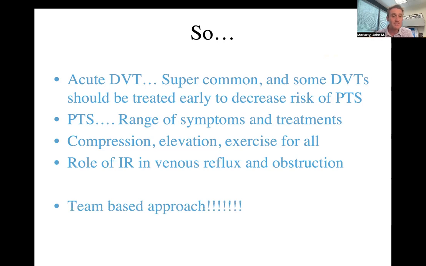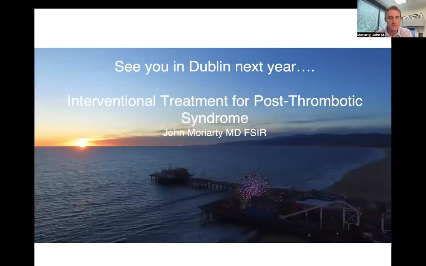But I will say that this is always done as part of a team-based approach, because this is a condition and a set of conditions that are best managed with experts like hematology, experts from other fields of medicine and outside of medicine. The psychological impact of having a blood clot is not minor, and support from societies such as Thrombosis Ireland are critical in making sure that everyone can get through this to the best of their ability.